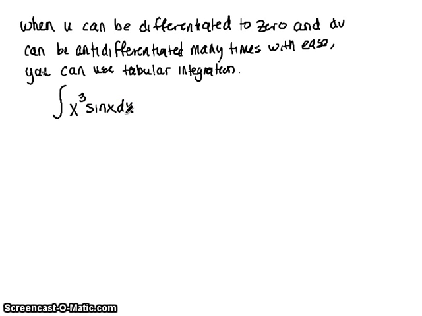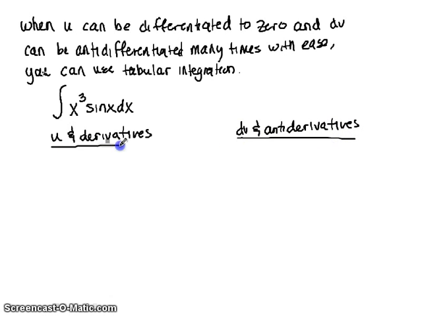The first column is going to be u and its derivatives, and the second column is going to be dv and antiderivatives. I'm kind of jumping the gun by making this set of columns. If we were to do this problem with antidifferentiation by parts, we would say u is equal to x to the third, and dv would be sine of x dx.